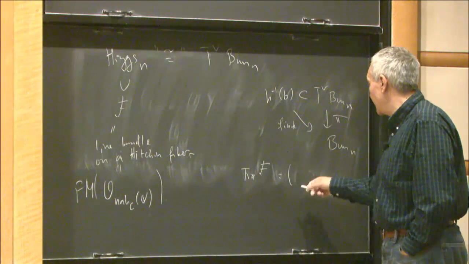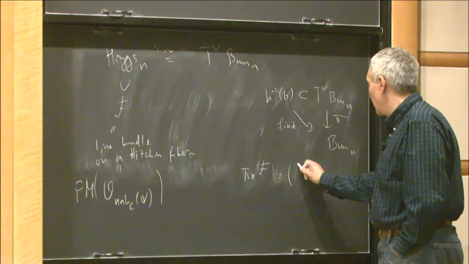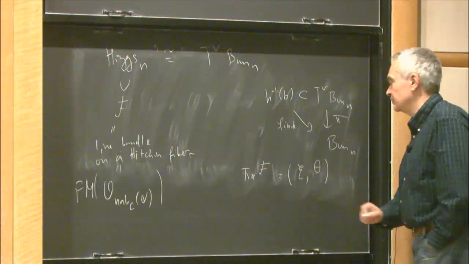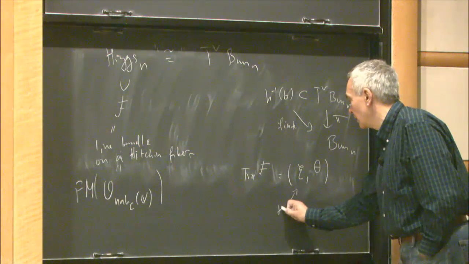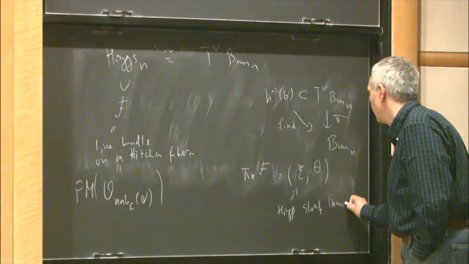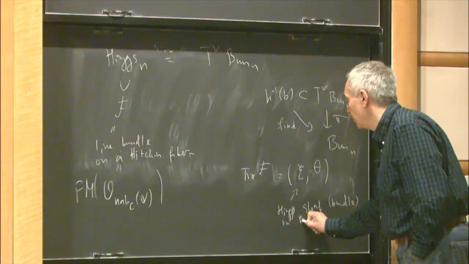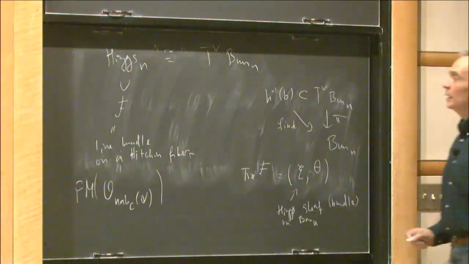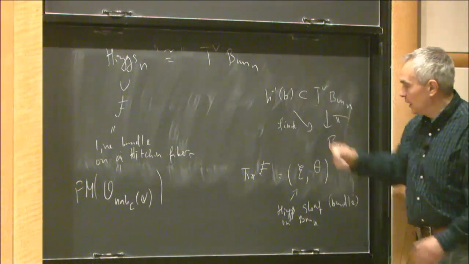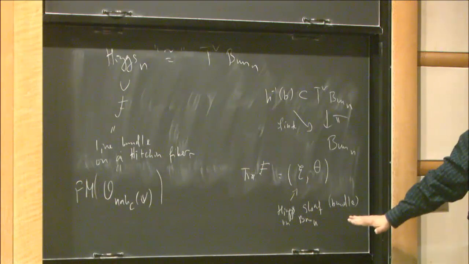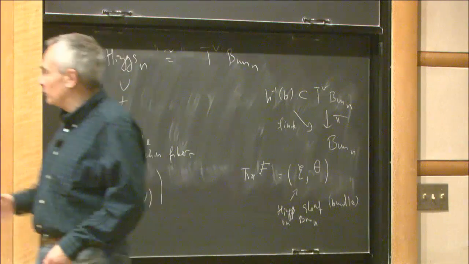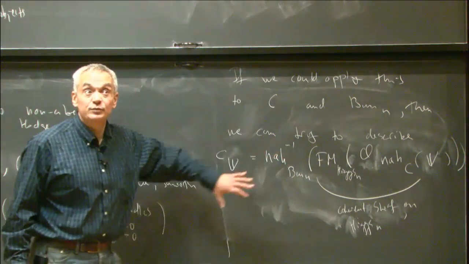So this looks like a Higgs bundle on Bun N with some Higgs field. So the Hitchin fibers you can think about as spectral covers for the moduli of bundles, and line bundles on those spectral covers give you Higgs sheaves on the moduli of bundles. And then, if everything was working nicely, you could apply the non-abelian Hodge correspondence to that.